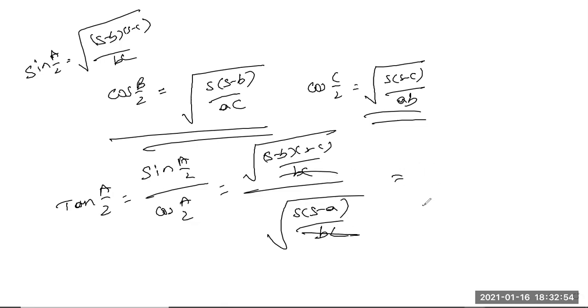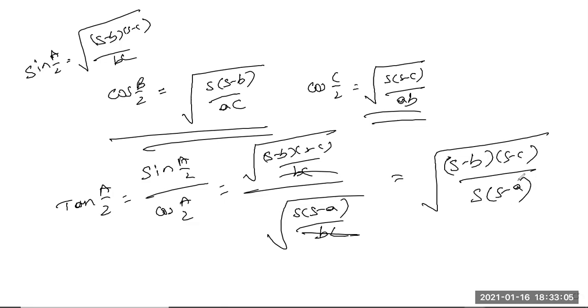So tan A by 2 is simply the square root of s minus b into s minus c divided by s into s minus a. So this is tan A by 2. Similarly, you can write tan B by 2 and tan C by 2 accordingly. So this is about half angle formulas.